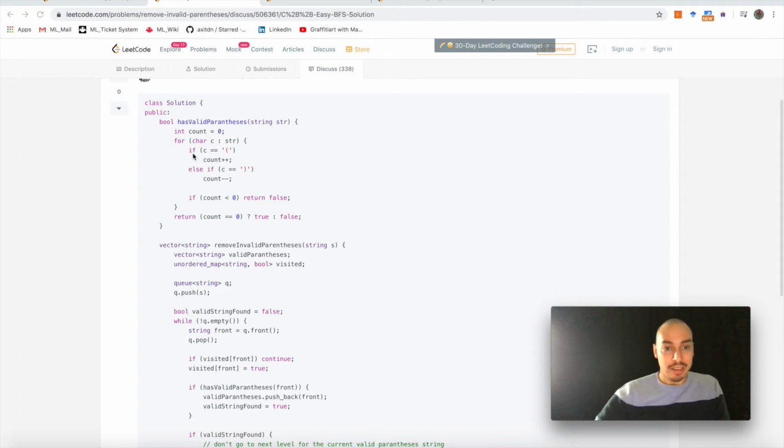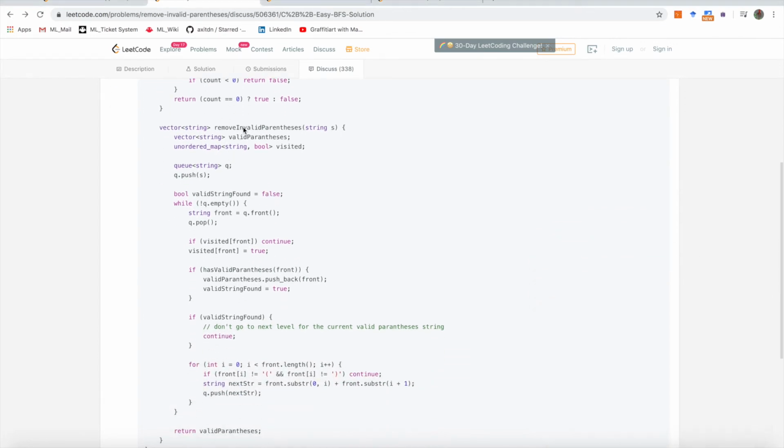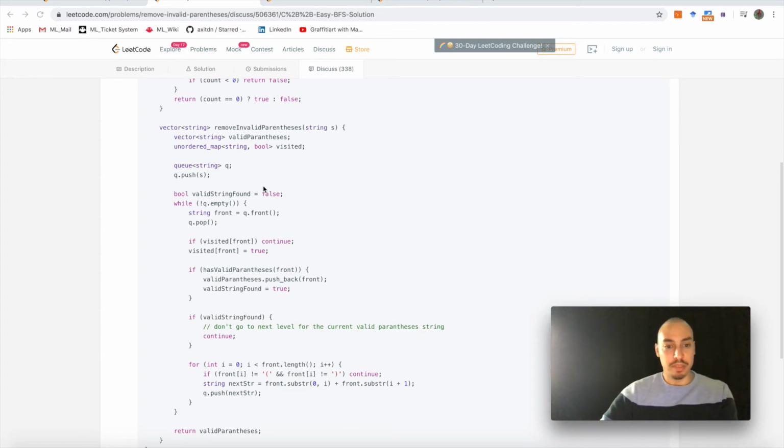We look in there and count our parentheses, and if it doesn't have the right parentheses, we can return false. And if the count of open and closed parentheses is the same, then we can return true.